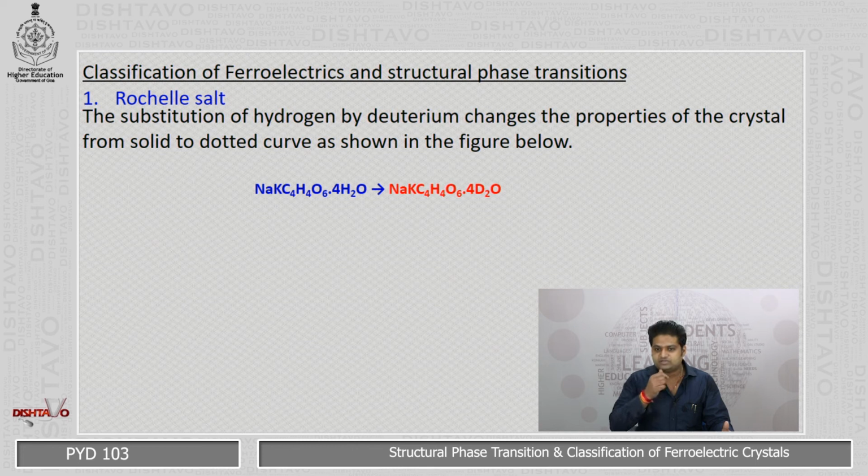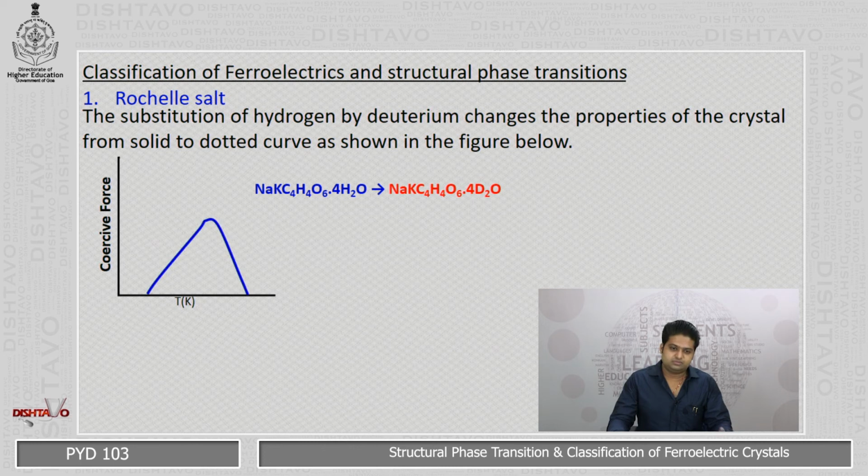Now it is found that if you change the water to heavy water, meaning deuterium, if you simply change the water H to deuterium D, then surprisingly it is found, this blue one is for the one with water, 4 molecules of water, that the range of temperature in which it remains a ferroelectric material increases.